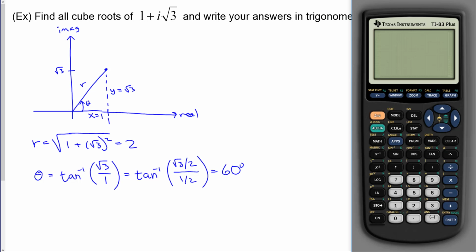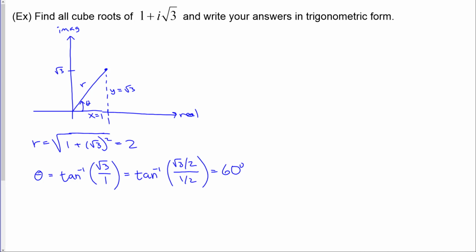Or get your calculator out. Just make sure you're in degree mode and do the arctangent of the square root of 3. Your answer is 60. Either way is fine, as long as you're allowed to use that calculator on that portion of the test. Refer to your instructor if that may or may not be the case.